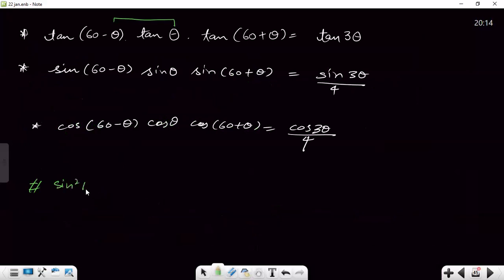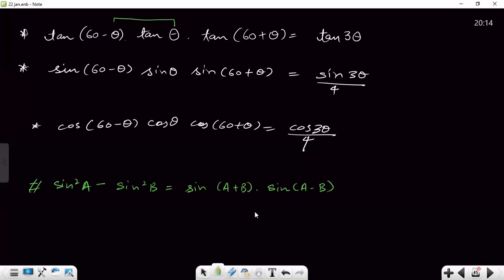Sine square A minus sine square of B is equal to sine of A plus B multiplied with sine of A minus B. Here A and B are angles.